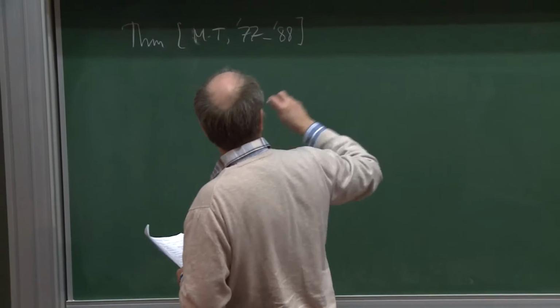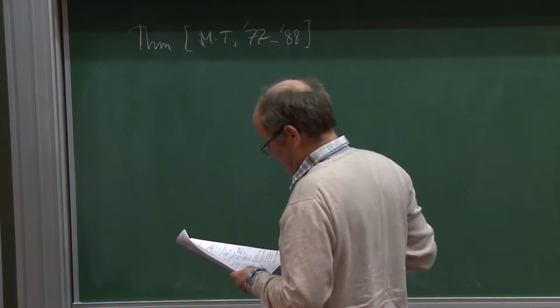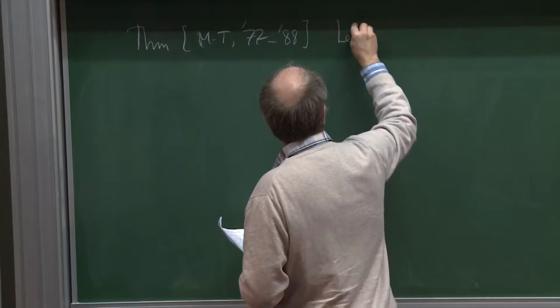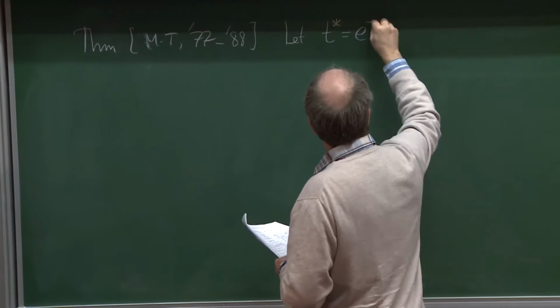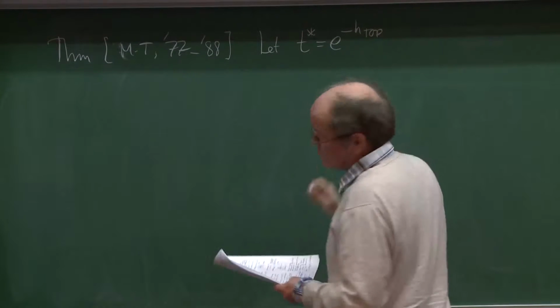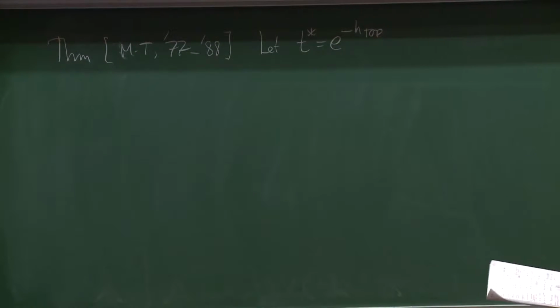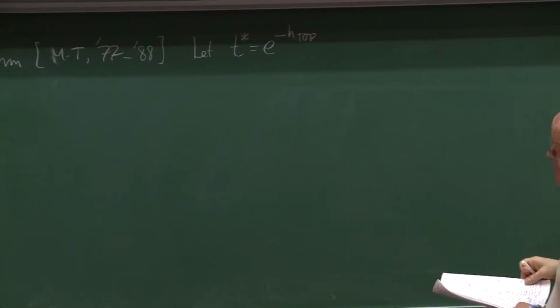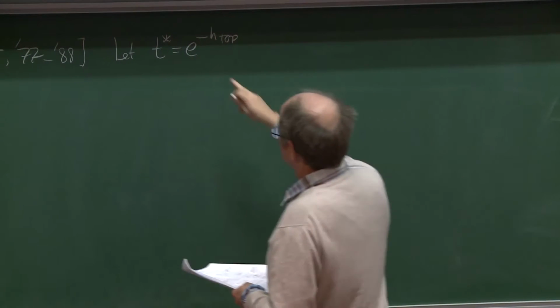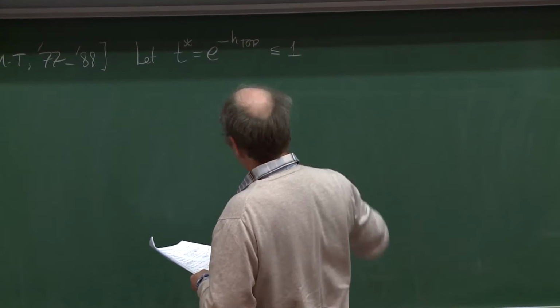But there are two parts of their theorem. So if I take t star to be exponential of minus topological entropy. I didn't state this, but obviously the entropy is never negative, but it could be 0, so this here is smaller or equal to 1.